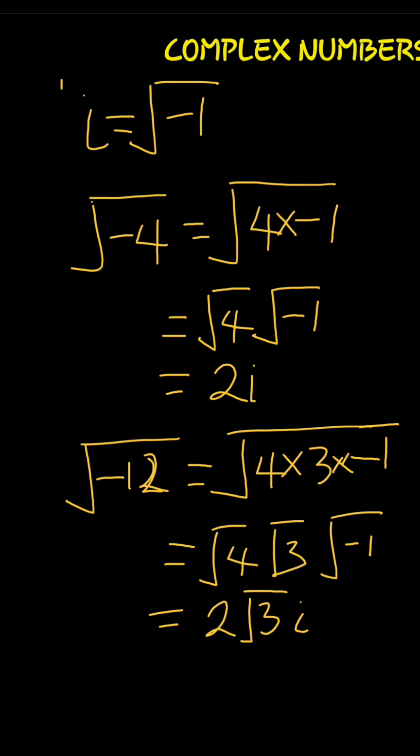When solving complex numbers, always take note that i is equal to the square root of minus 1. A complex number is a number that contains a real part and an imaginary part.